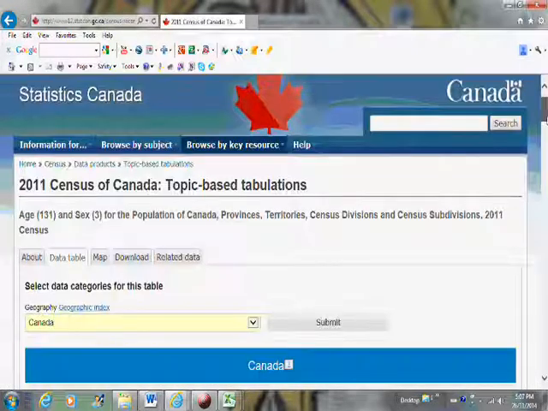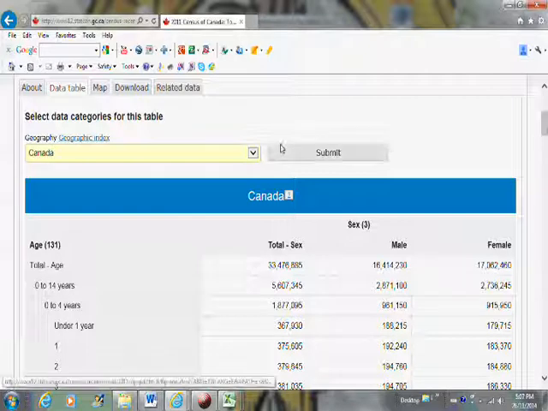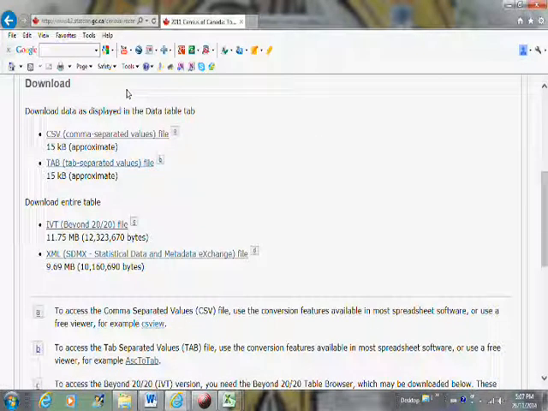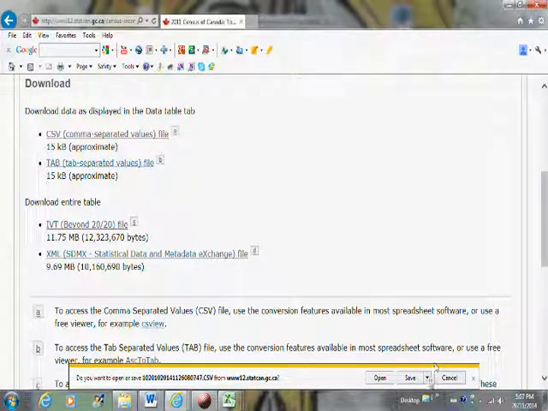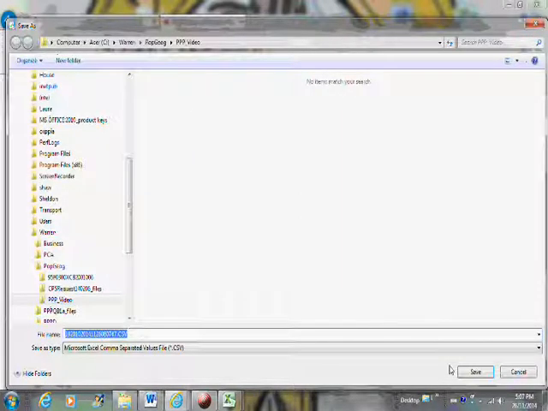So here's Canada again. And what we're going to do now, because we're just going to be interested in Canada as a whole, is download a census comma-separated values file, which we'll be able to work with in a spreadsheet. Statistics Canada gives us this large number that I don't know what that means, so I'm going to write in my own title.